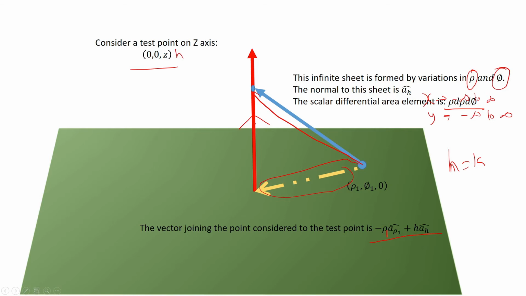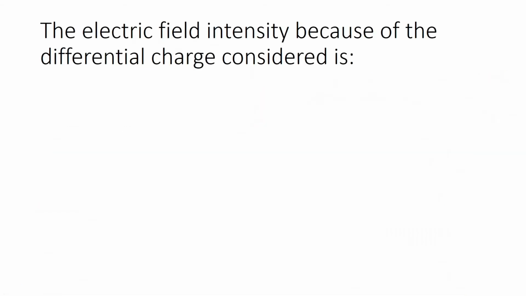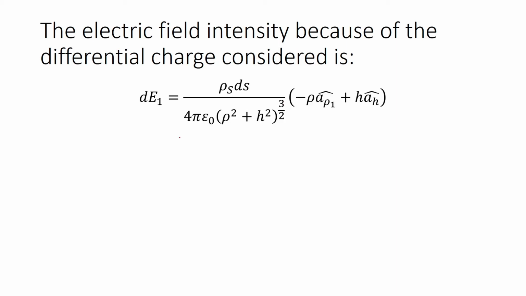Now, the electric field intensity because of the differential charge would be, as we have seen, q by 4 pi epsilon r square, in fact r cube, because r equals root over rho square plus h square.